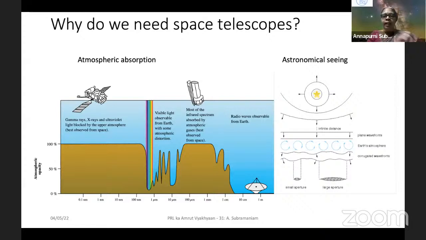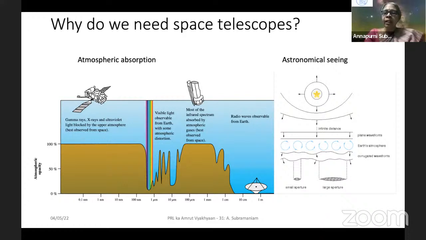But then there are parts of the electromagnetic spectrum which are not available on the ground, and you need to go above the atmosphere to get them. So these are the main things which drive space astronomy. Also, in the last few decades, many of our understandings regarding various objects come from multi-wavelength astronomy, as we've been discussing through today's workshop as well.